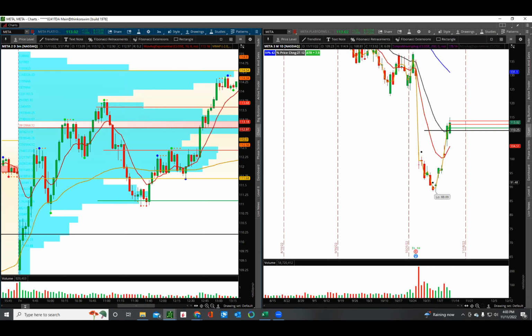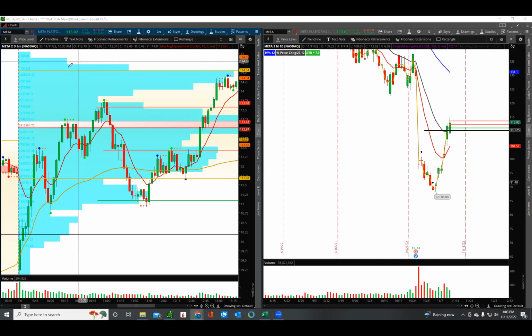So VWAP, if you do want a technical explanation of VWAP, again, going back to my statement, don't tell me how the clock is made, just tell me what time it is. It's the weighted average price over time.